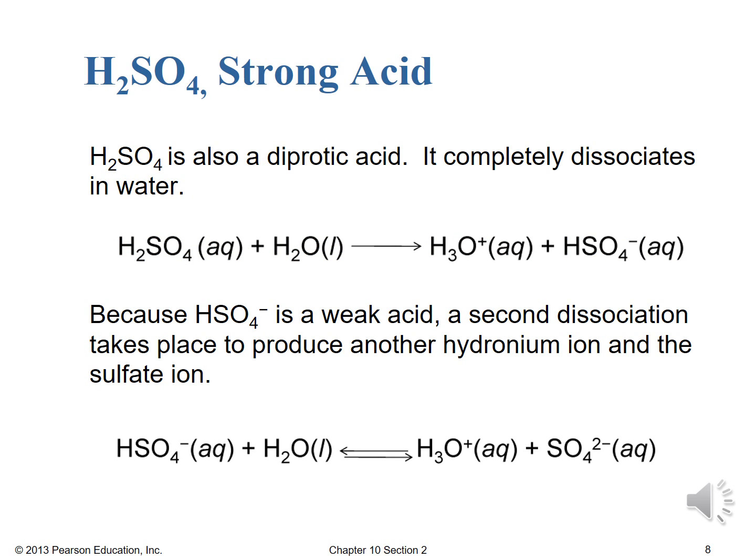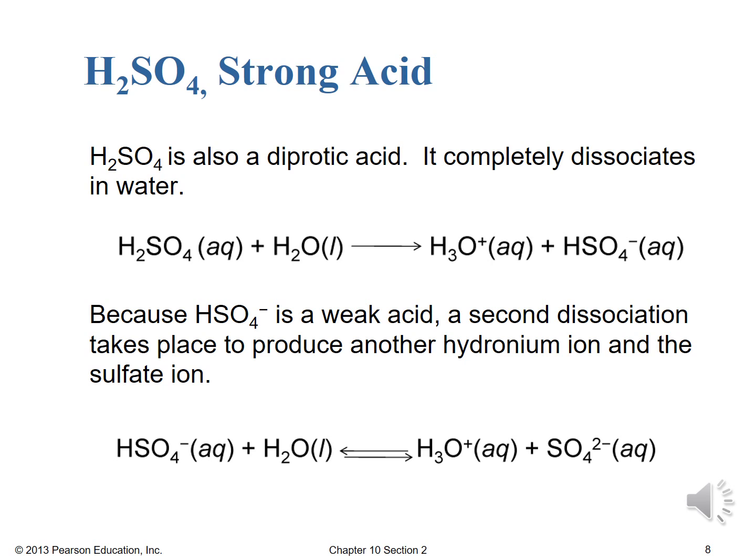Okay, now here is that sulfuric acid example. So sulfuric acid is another diprotic acid. However, this first step is complete dissociation. So carbonic acid was a weak acid in the first step and a weak acid in the second step. Sulfuric acid is a strong acid in its first step, but that hydrogen sulfate ion that it generates is present in very large amounts because essentially all of the H2SO4 goes on to form HSO4 minus as its conjugate base.